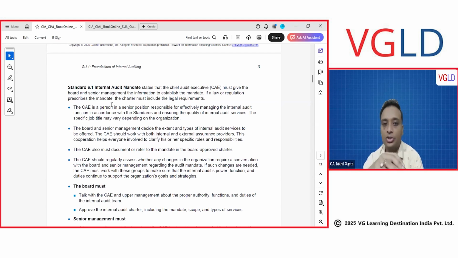If there are any laws and regulations, how we have to perform our internal audit functions, who defines it? We, as auditors, as chief audit executive, give it to the board. They will look into the requirements and they will attest and approve it.